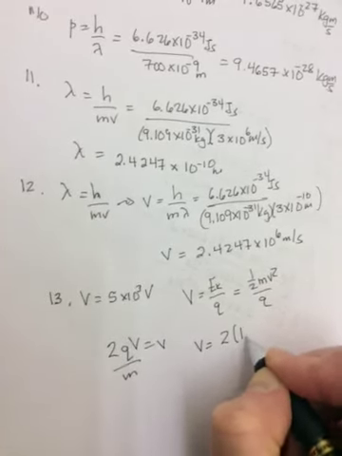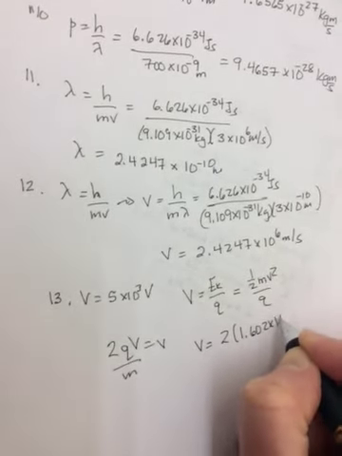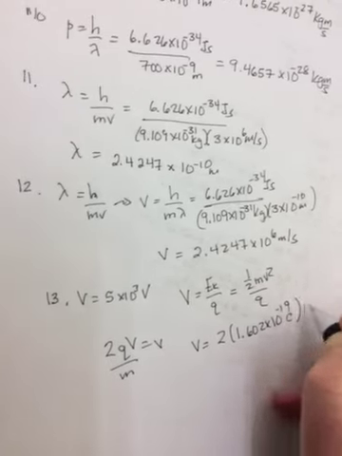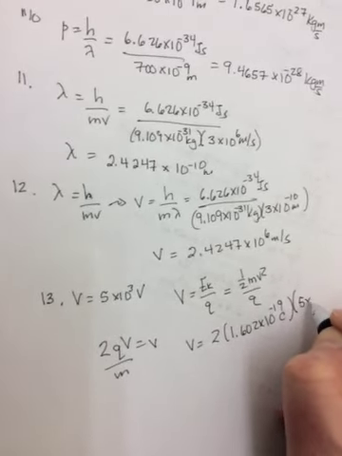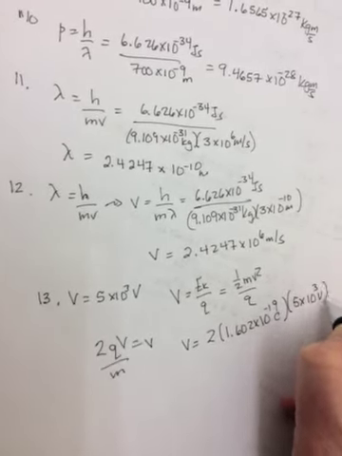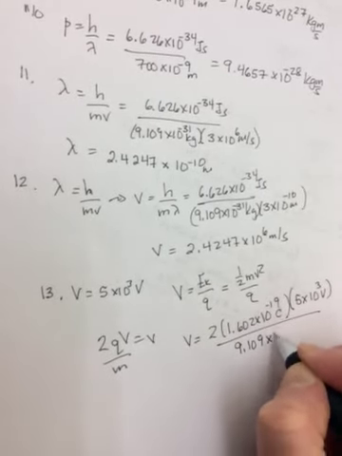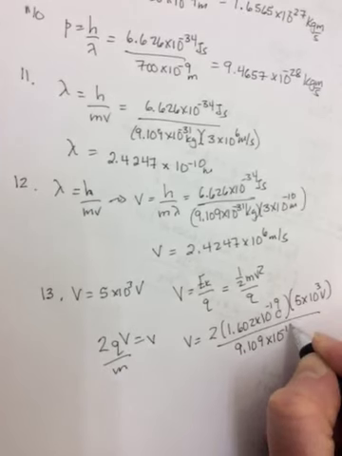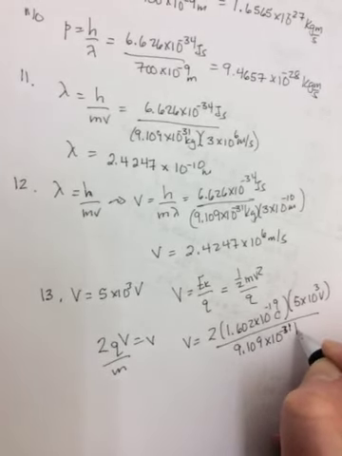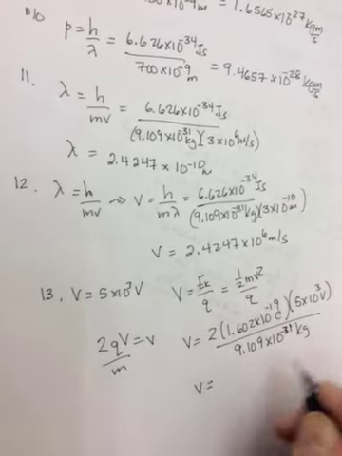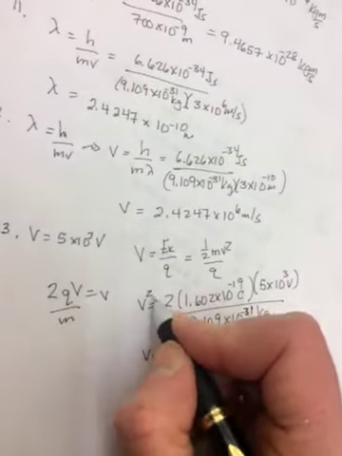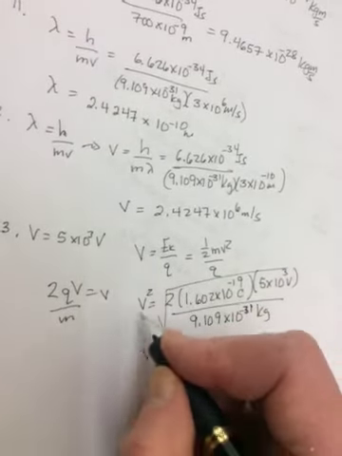So 2 times 1.602 times 10 to the negative 19 coulombs times 5 times 10 to the 3rd volts and divided by 9.109 times 10 to the negative 31, not 19, kilograms. And you will get v squared. And then don't forget to take the square root.